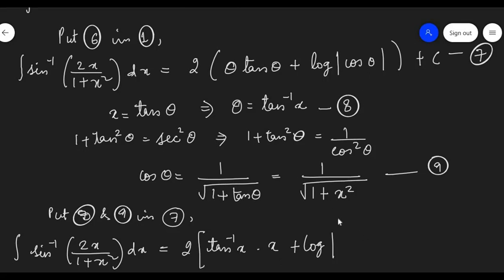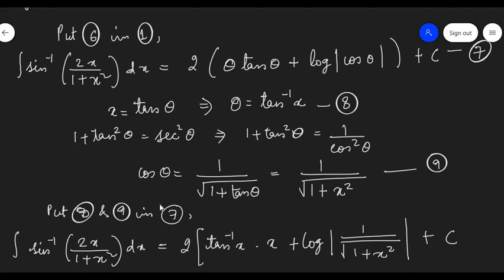So cos theta we have calculated. So using 9 it will be 1 upon square root of 1 plus x square plus c. So we can also simplify it a little bit further. We can open the brackets and see what we get.